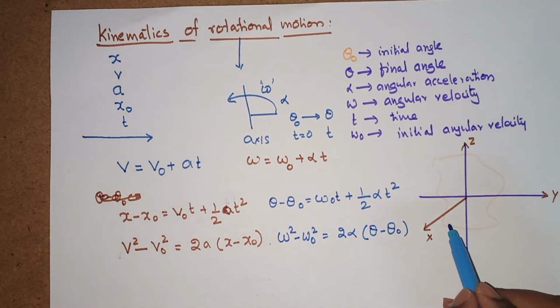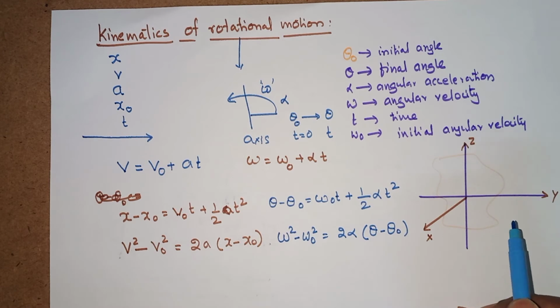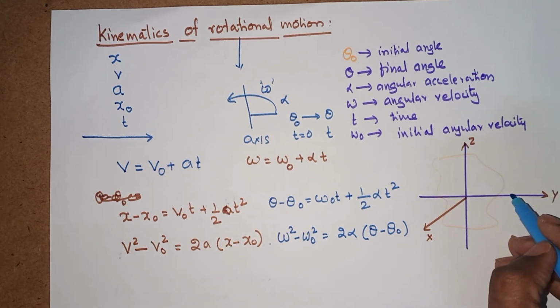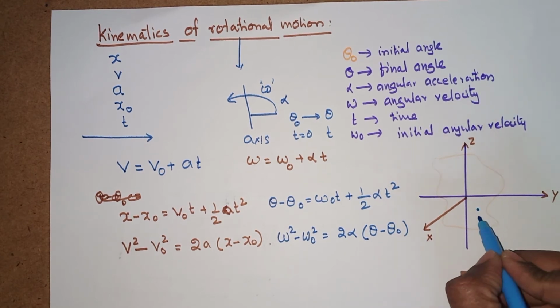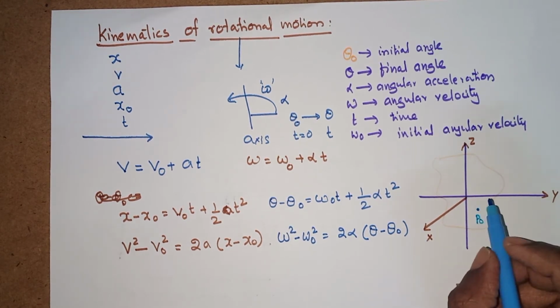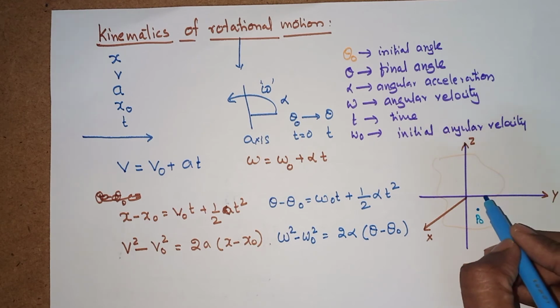Now let us consider a rigid body with several points. One point is chosen to be p naught, the initial point.